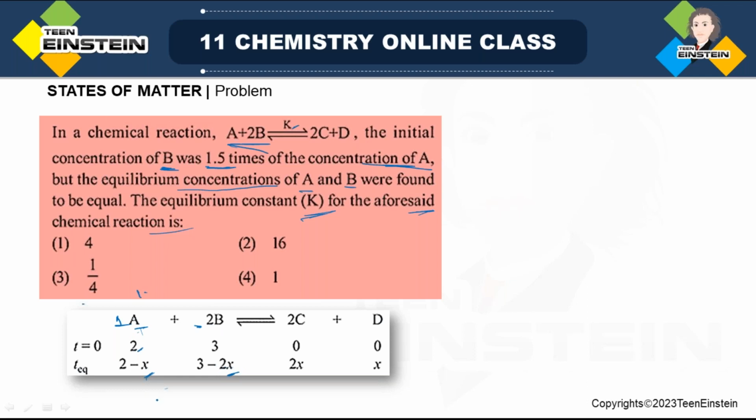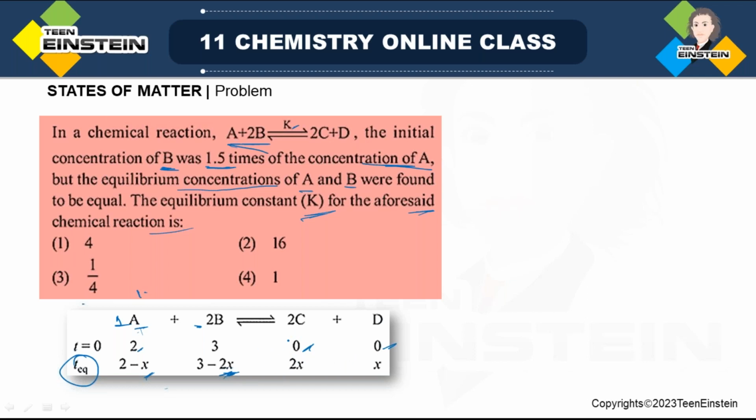So if you write 2 minus x, because x moles of A are consumed at equilibrium, obviously you have to write 2x for B. Don't write x, otherwise it will be wrong. That is why it is important to balance the equation. Suppose this reaction is not balanced and you do the calculation, it will be wrong. So 2 minus x is the concentration of A at equilibrium, and for B it is 3 minus 2x. And on the right-hand side, initially it is 0, 0, because the product is not yet produced.